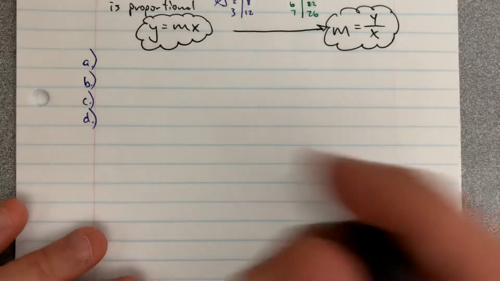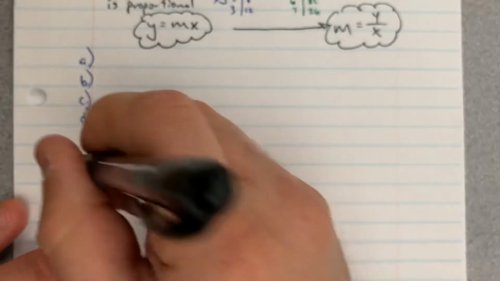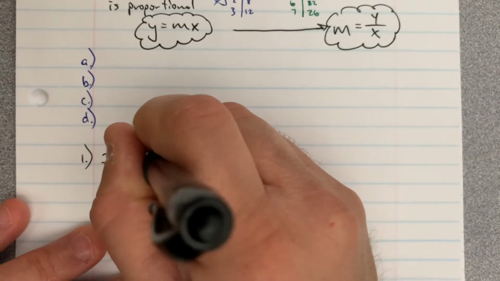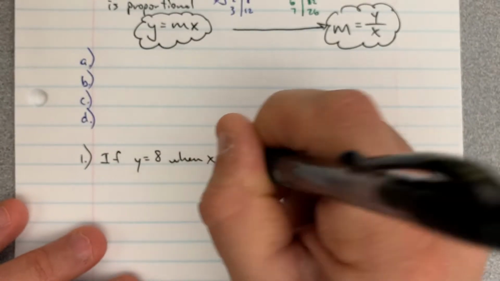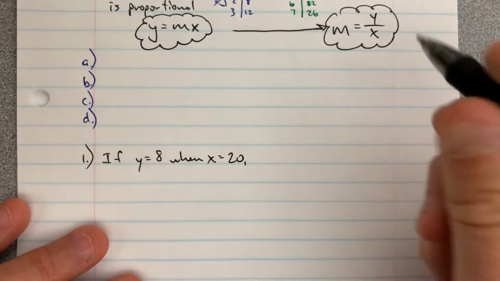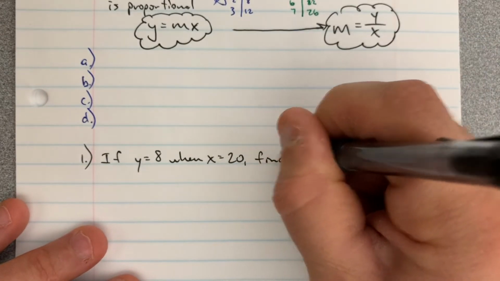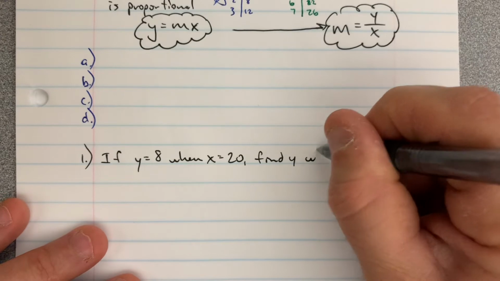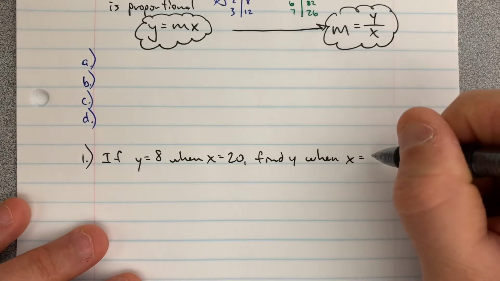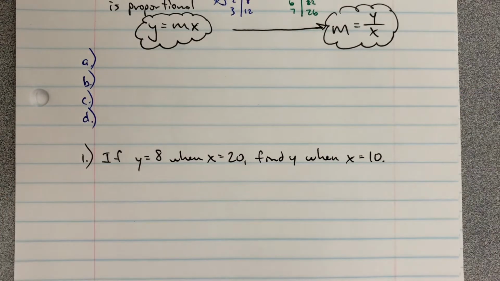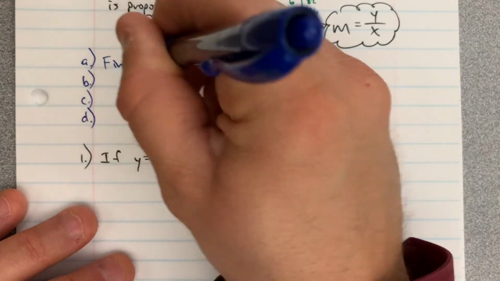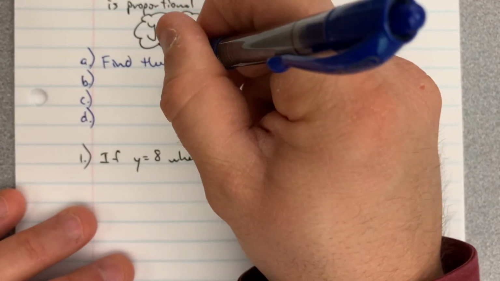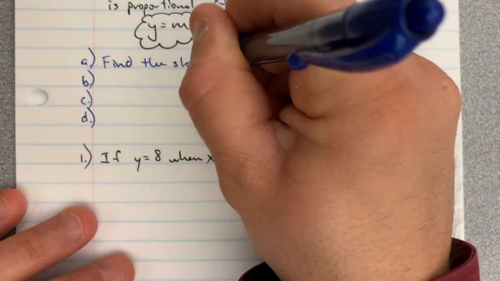We're going to start with an example. Our first example says, if y equals 8 when x equals 20, let's find y when x equals 10. The very first thing that we're going to do is step A, find the slope. Obviously that's m.